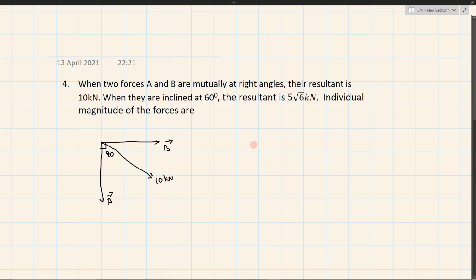And if vector A and vector B are inclined at 60 degree, the resultant would be 5 root 6 kilonewton. So we'll have to find what is A and what is B.